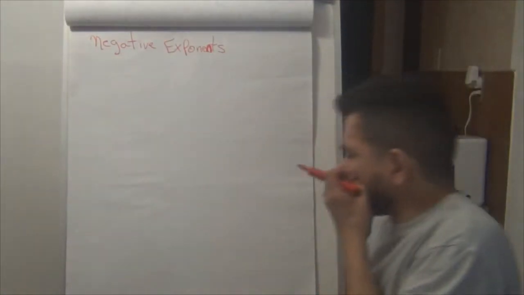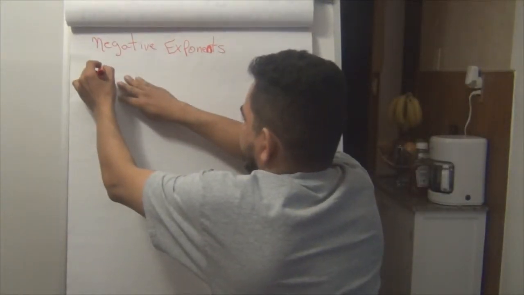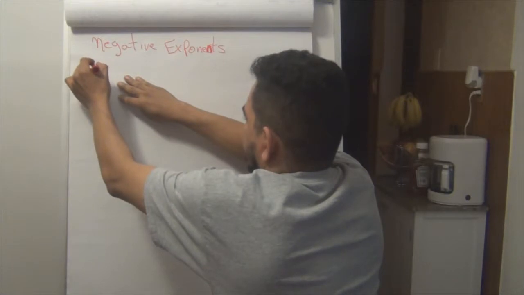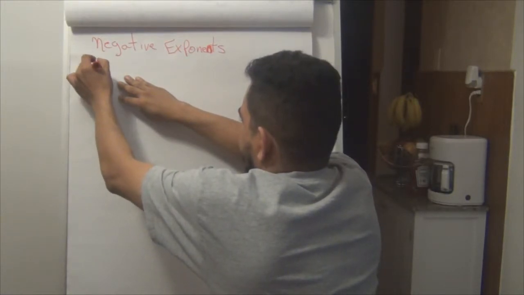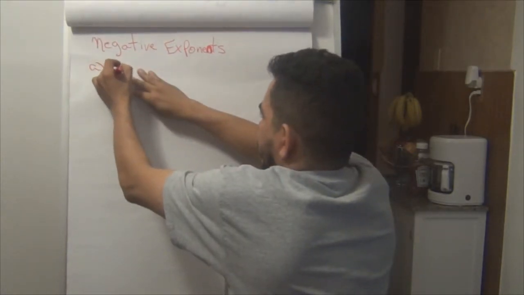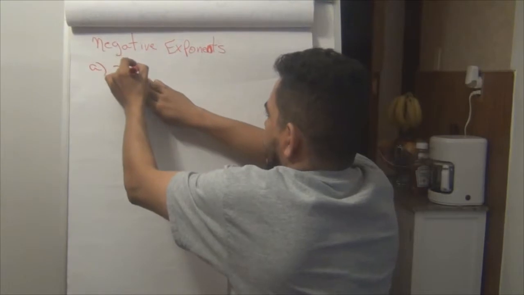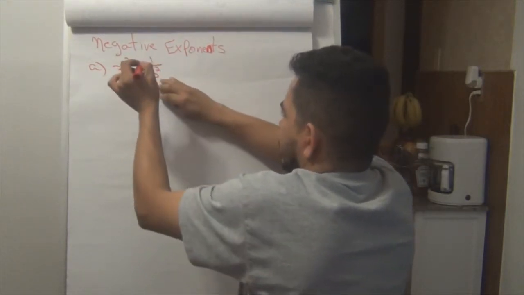So, what happens when you have something like, no, first let us give you the practice. Look, if you have 3 to the negative 2, this is the same as 1 over 3 to the positive 2.